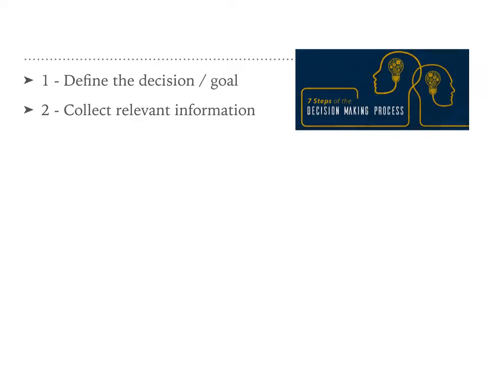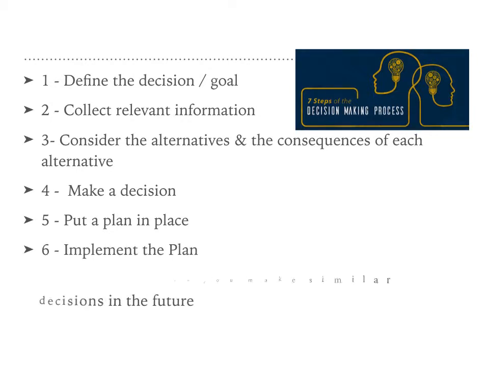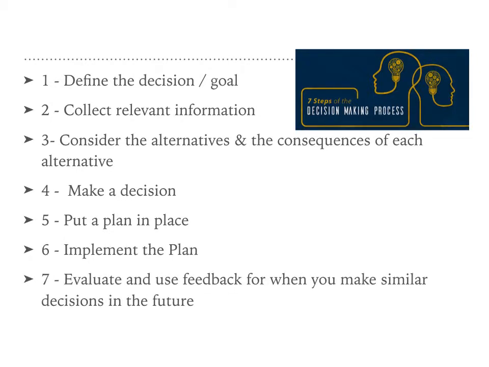You would collect relevant information, consider the alternatives and consequences of each alternative, make your decision, put your plan into place, implement the plan, and then you would evaluate and use feedback for when you make similar decisions in the future. So when you look at those points, they're quite similar to the planning stage in your throughputs of the components of management.